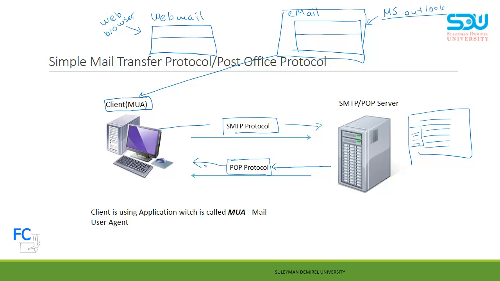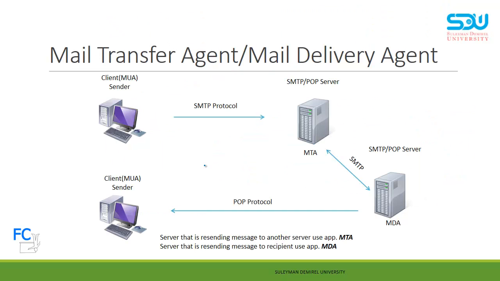the POP protocol. Let's take a look at this example in which we have two clients from different SMTP/POP servers. For example, this client is inside organization A, and this client is inside organization B. When client 11 sends information to client 12, he will be the sender, and here we'll have the role of receiver.